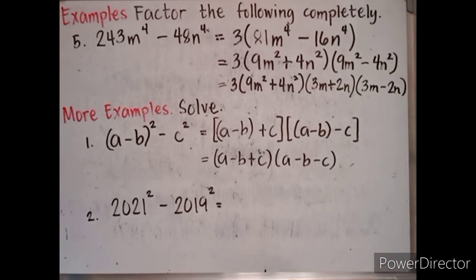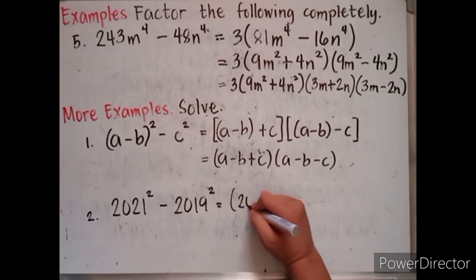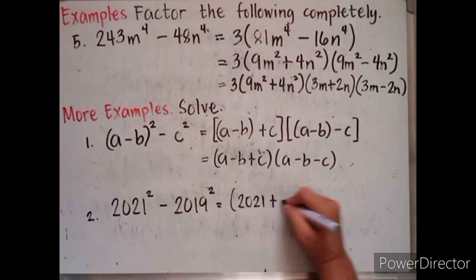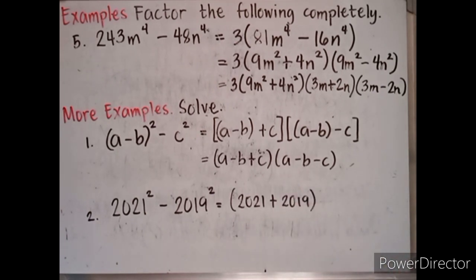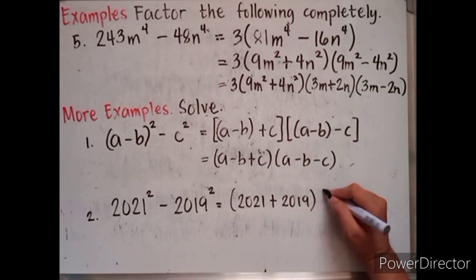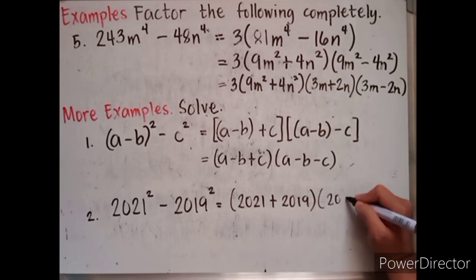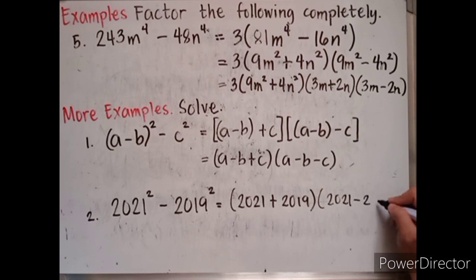Okay, so using factoring, so this is now 2021 plus 2019. Tama? Square root of 2021 squared is 2021, square root of 2019 squared is 2019. Yung isa plus, yung isa minus. 2021 minus 2019.